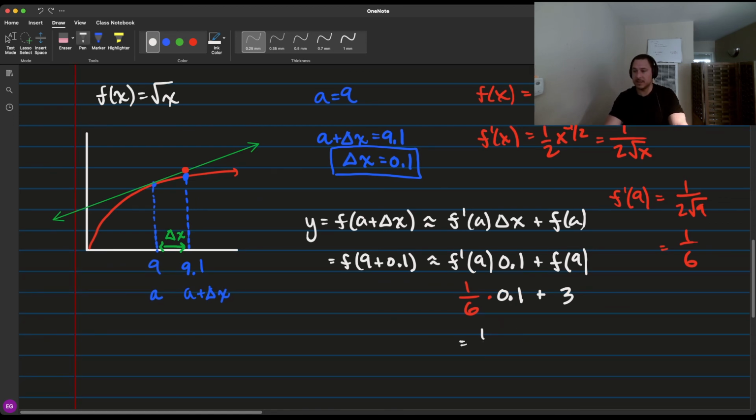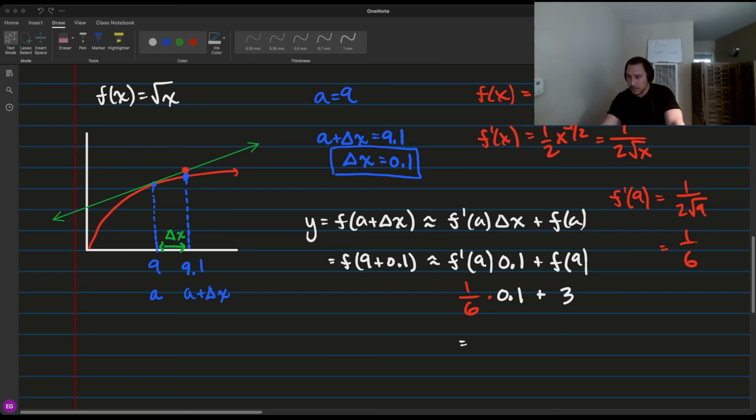What is 1/6 times 0.1? Yeah, 0.016 basically, repeating.